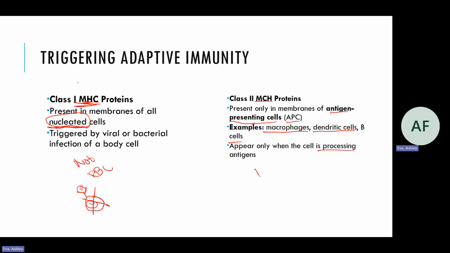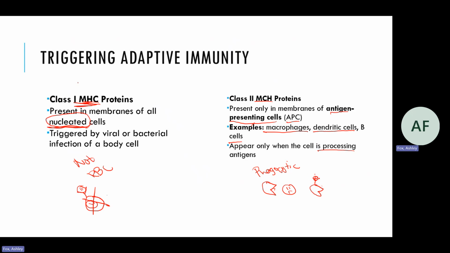So remember, macrophages are the phagocytic cells. As they are doing their job, as part of the non-specific immunity, they're eating whatever pathogens or foreign material they're finding. They come along, eat it, phagocytize it, and process it. While it's processing and destroying it, it's going to put up a flag on its MHC, calling to others, and calling to the specific immune system, saying, hey, this is what's going on.